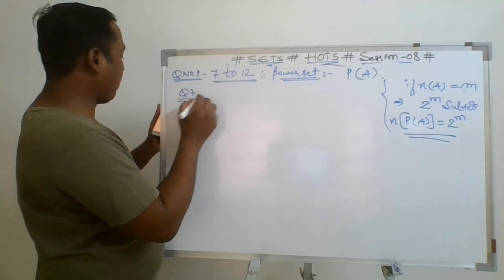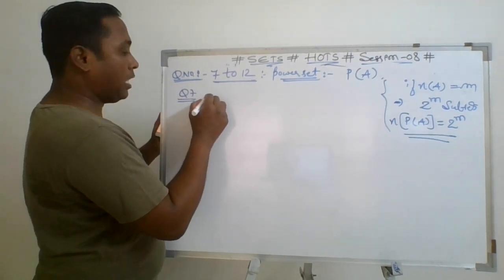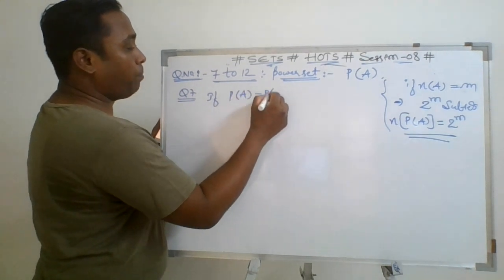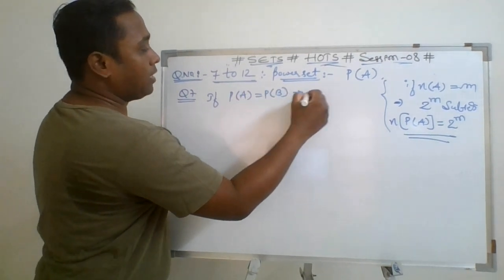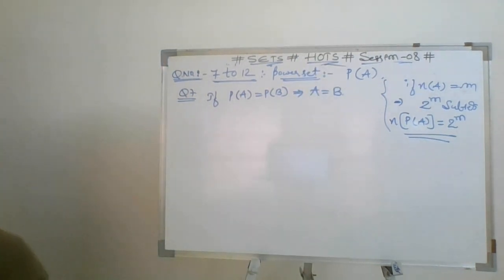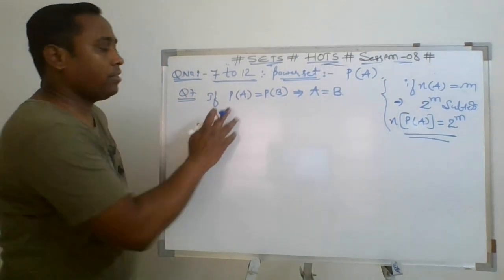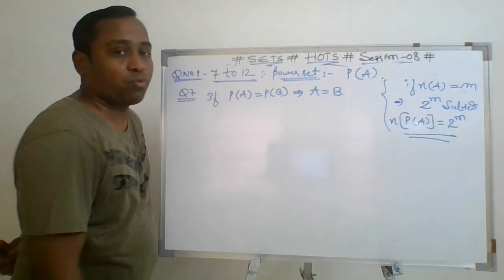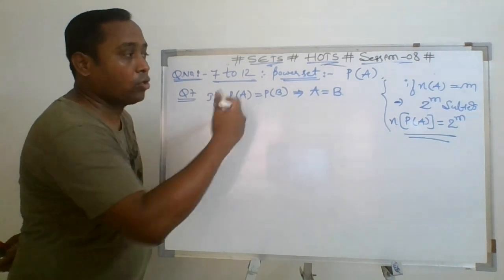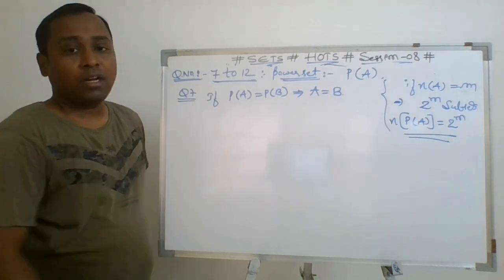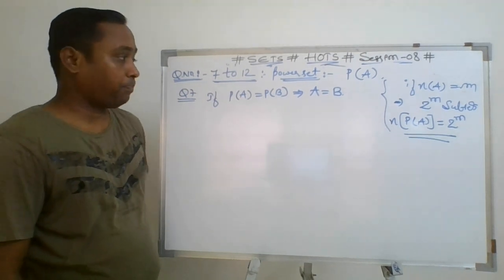Question number 7: if P of A is equal to P of B, which implies that A equals B. The interesting result again is, if the power sets of two given sets are equal, then the sets must be equal. It can also be proved vice versa. It's a very important result. Now how can we prove this?